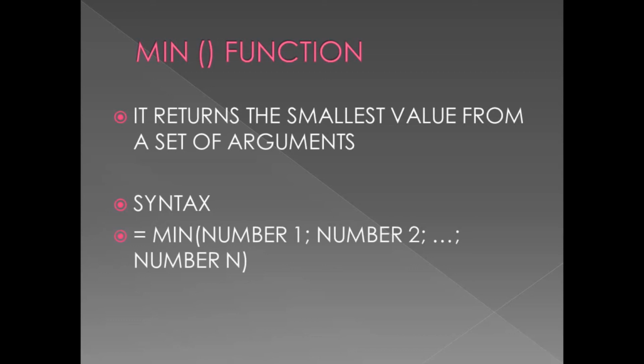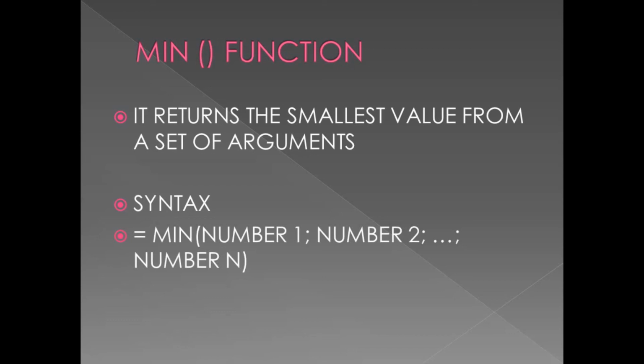In case of the min function, it also takes all types of arguments like the numbers, empty cells, logical values and text, but it only considers the number and the logical arguments to compute the minimum value. If an argument list does not contain any number, then minimum function returns 0.